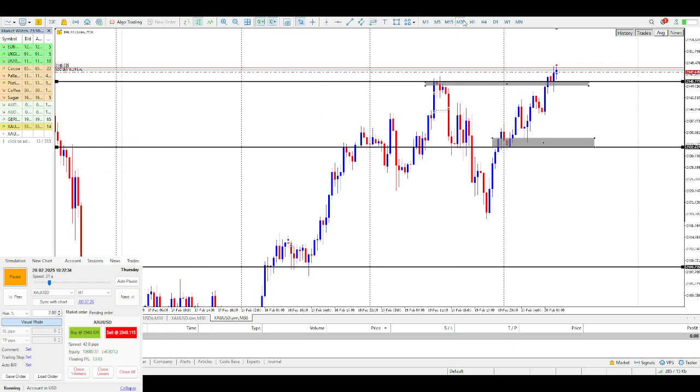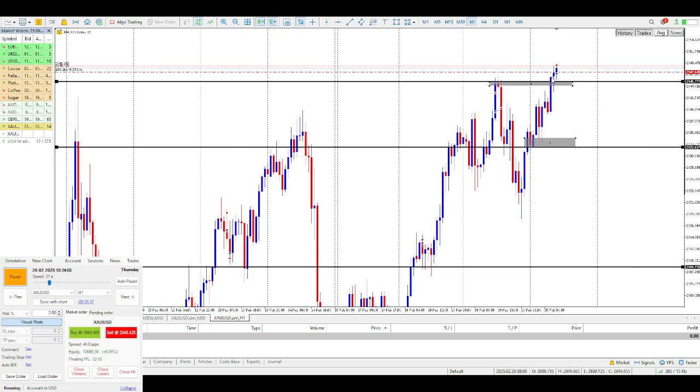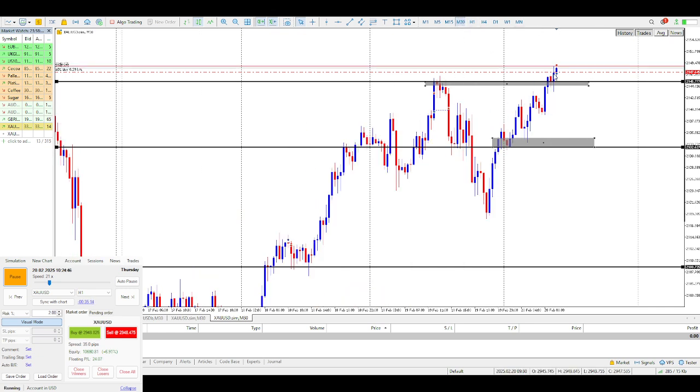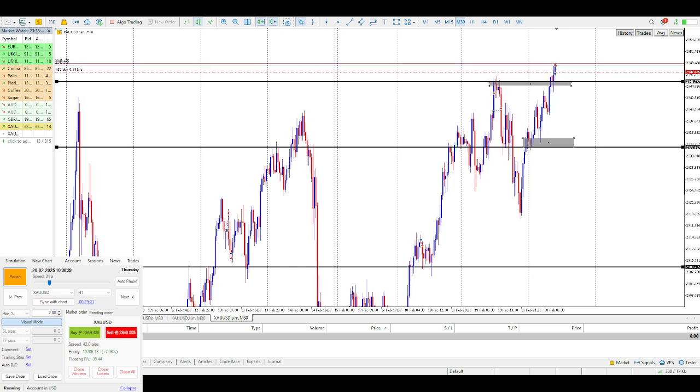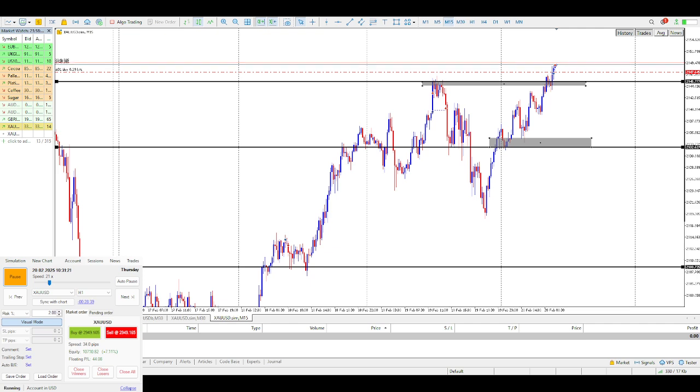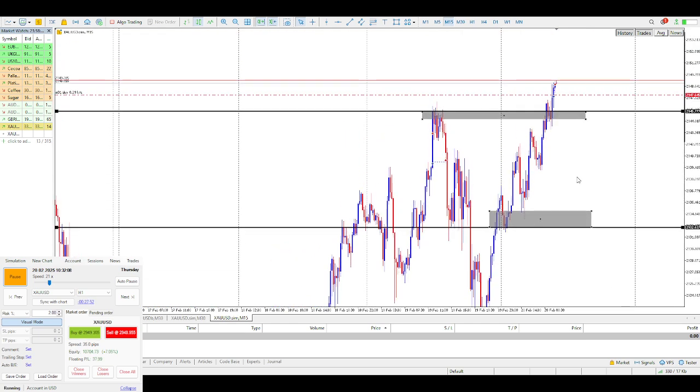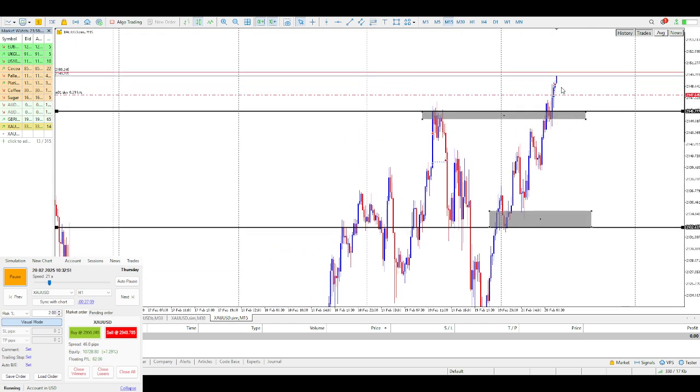You know, there are setups that you're confident in. Because of the 1 hour it closed, but the M30 time frame shows that it's a trend continuation setup. So trend continuation. Now this M15 low should not be broken.